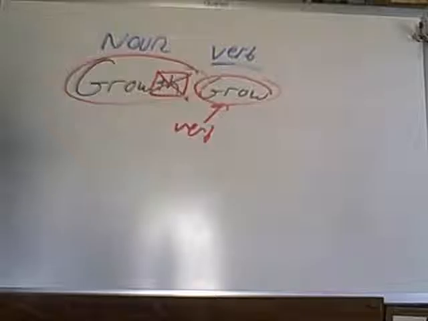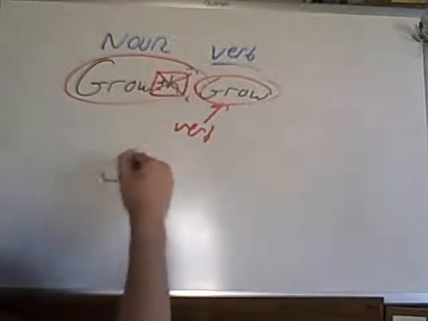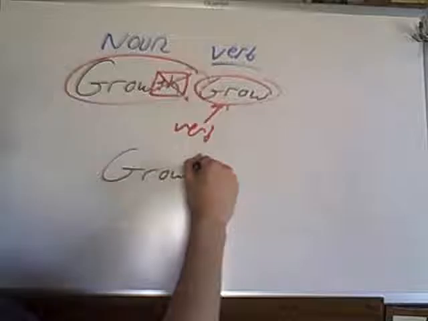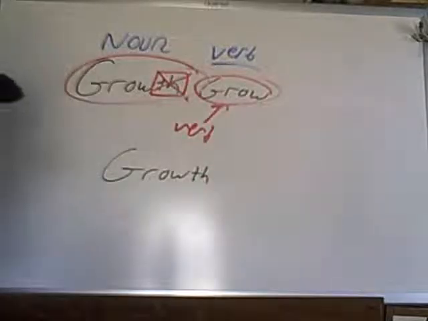Now, growth does not really have any adjective form that is commonly used. And the reason behind this is because growth can really mean anything that is coming off of something.